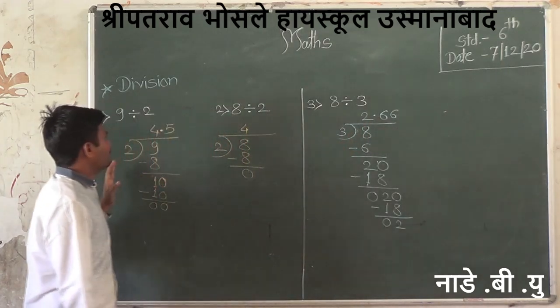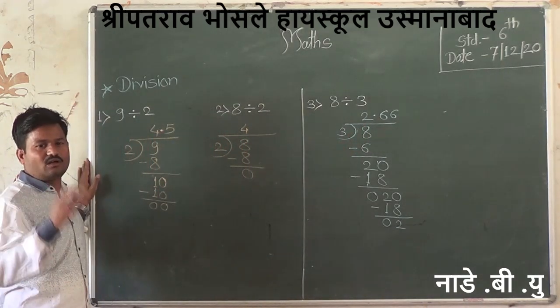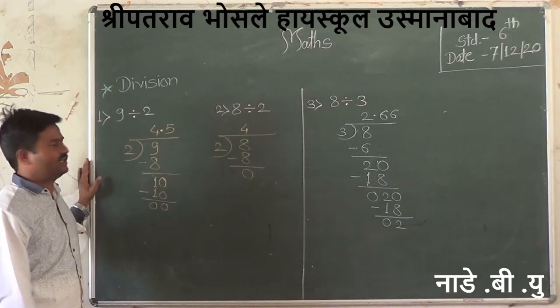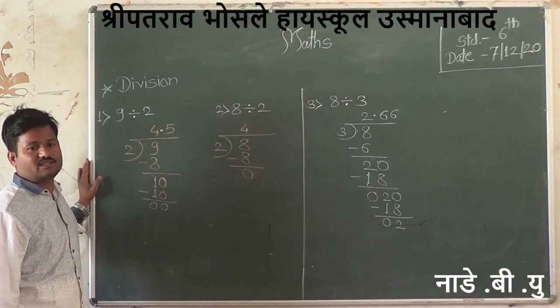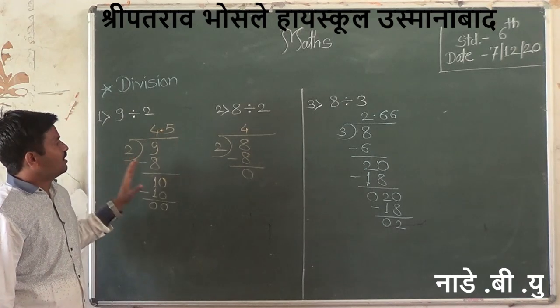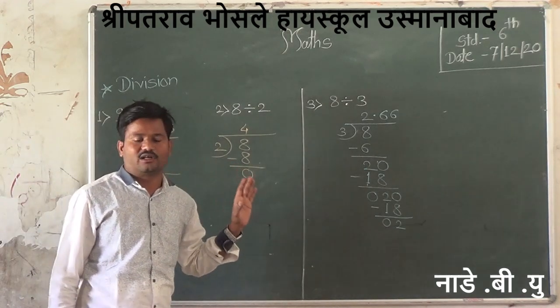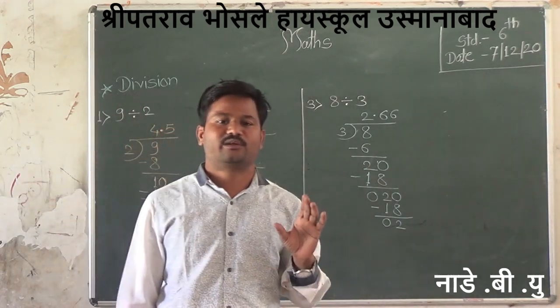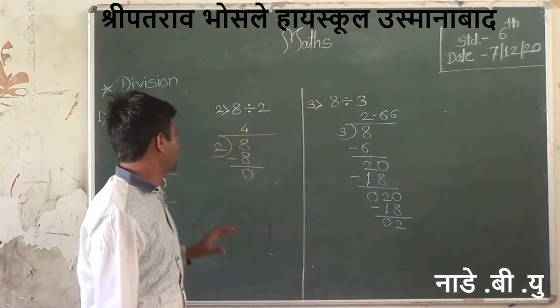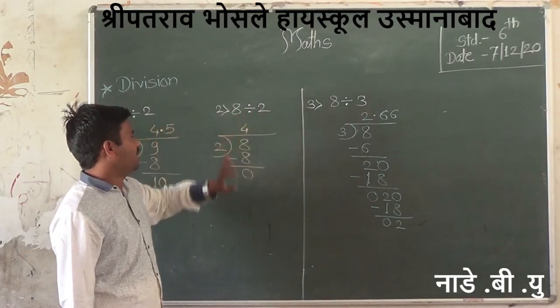Like these 3 divisions you solved or learned in the previous standard. Here in 6th standard, division is important. Think of and remember a division like 8 divided by 2.